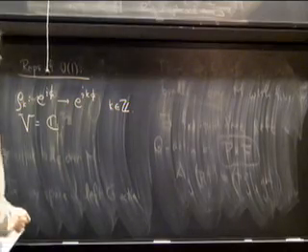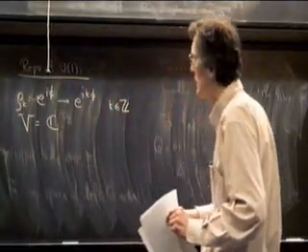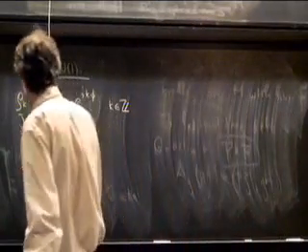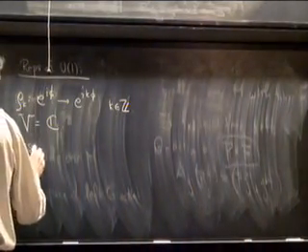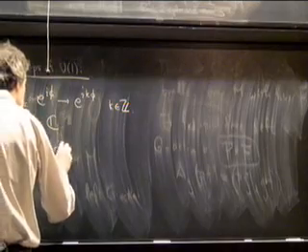And then what are the transition functions of the associated bundle associated to this representation?